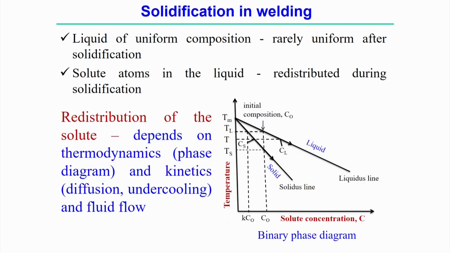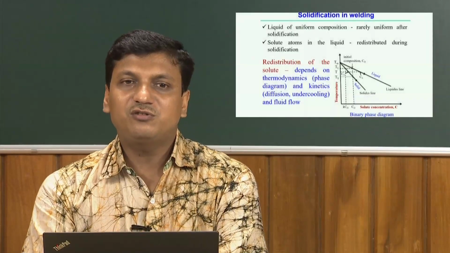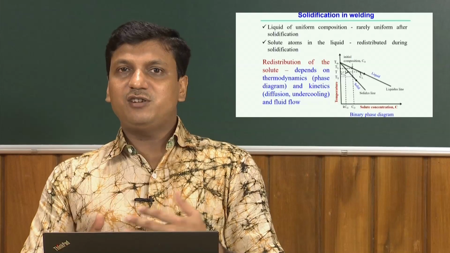Now, we will look into solidification in the case of a binary alloy system. Here the liquid is of uniform composition, but after the solidification it may not be uniform, because redistribution of solute atoms happens during the solidification process.